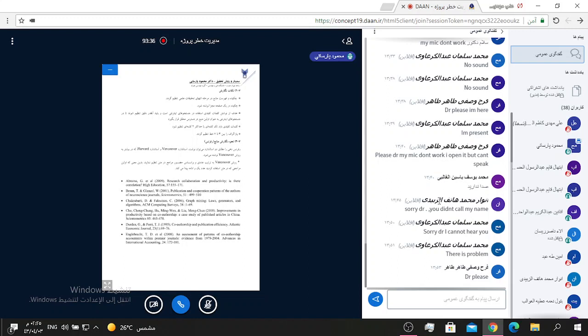One number between two brackets, according to the numbering and the number of references in your project, from 1, 2, 3 and others. Okay? In Vancouver standard, you must write the number of the reference that you used in that part between two brackets.